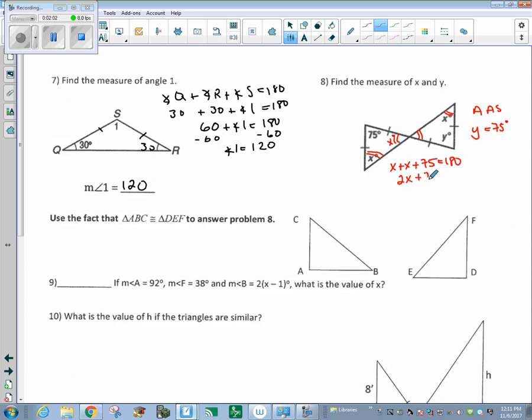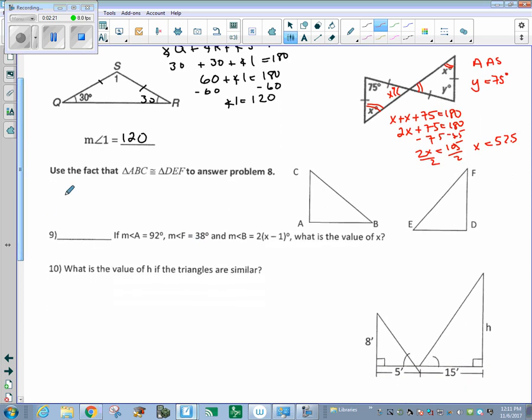So 2x plus 75 equals 180. Subtracting the 75, 2x will equal 105, and dividing by 2, that leaves me with x being 52.5.